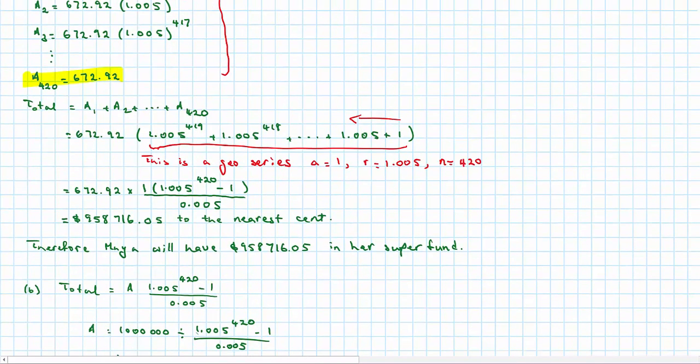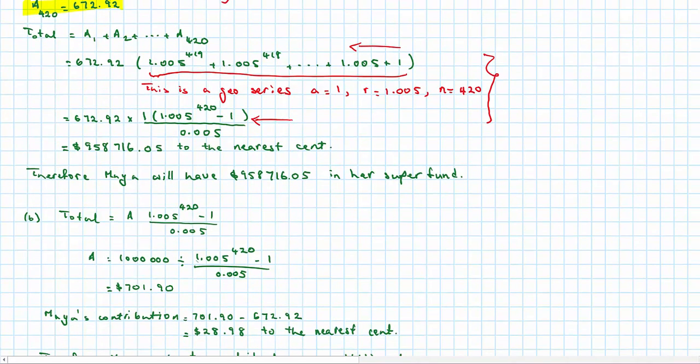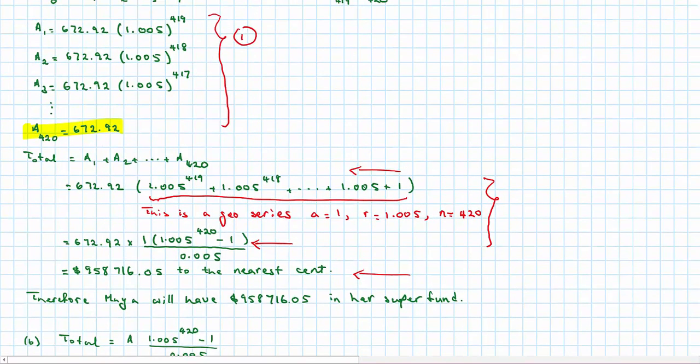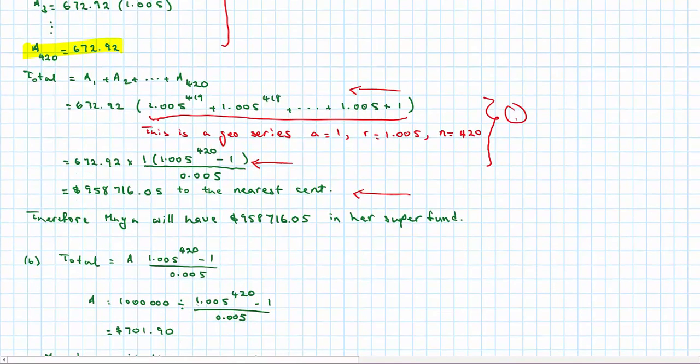There is a mark usually for the statement of geometric series and the sum formula, and then there is a mark for the final calculation. So one mark there, one mark for establishing geometric series, and one mark for the final answer.